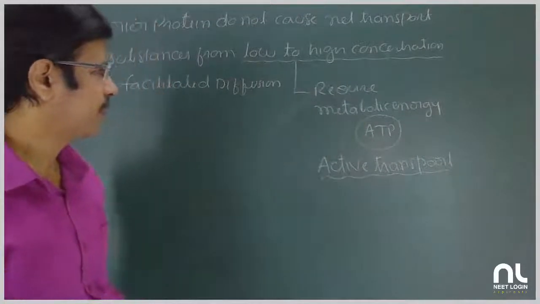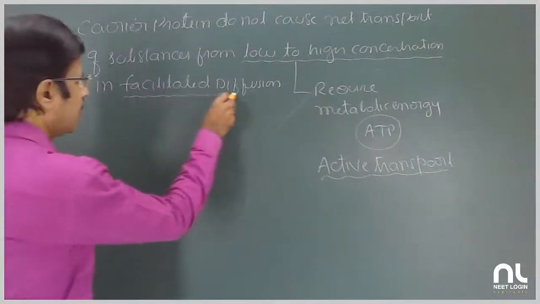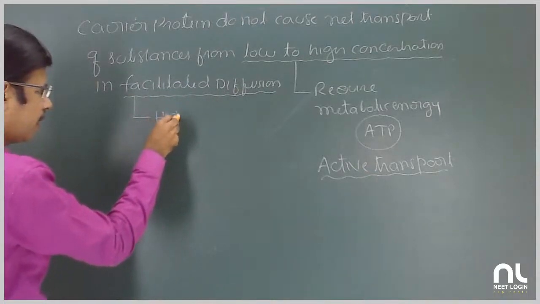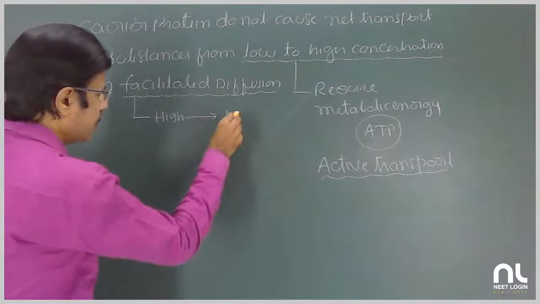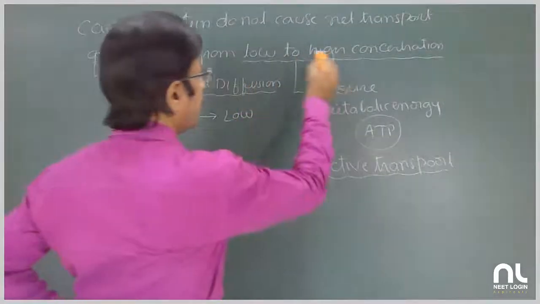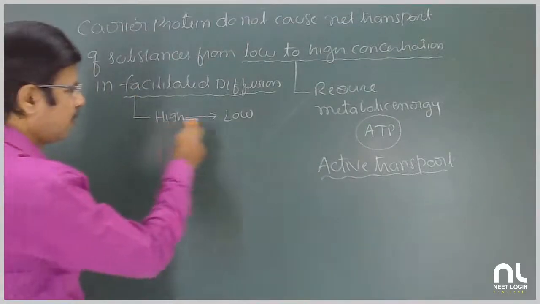So facilitated diffusion is always high to low, down the gradient.